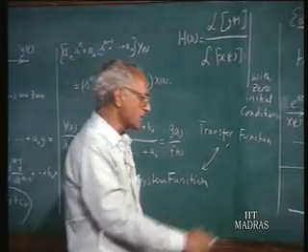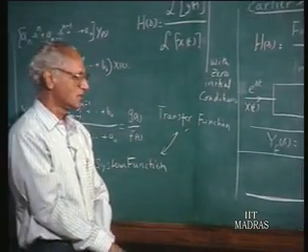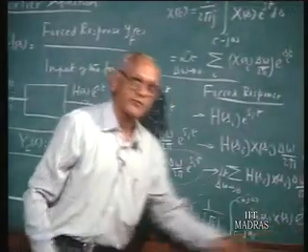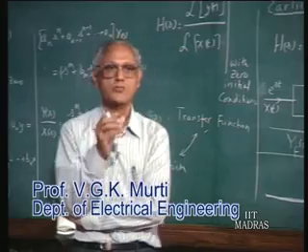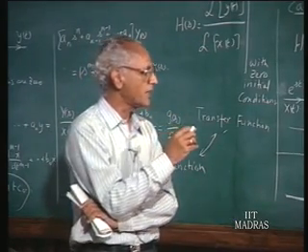Total response in the sense that there cannot be any other term as far as negative values of time are concerned. But as far as positive t is concerned, whatever you calculate for yf(t) will include the finite number of transient terms and the finite number of forced frequency terms appropriate to the given Hf(s) and Xf(s).